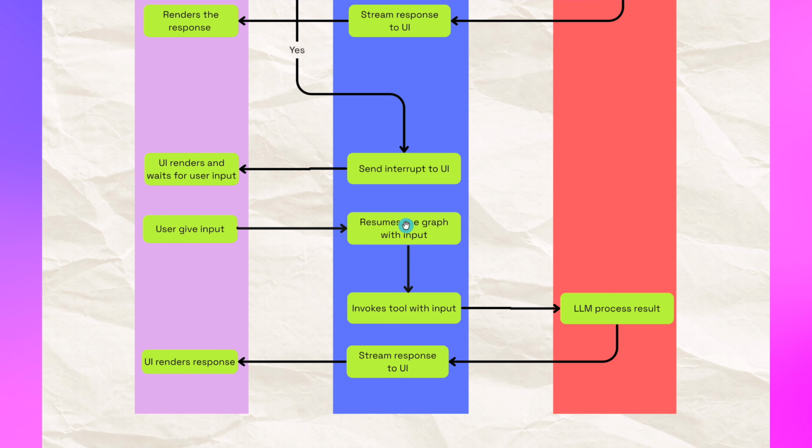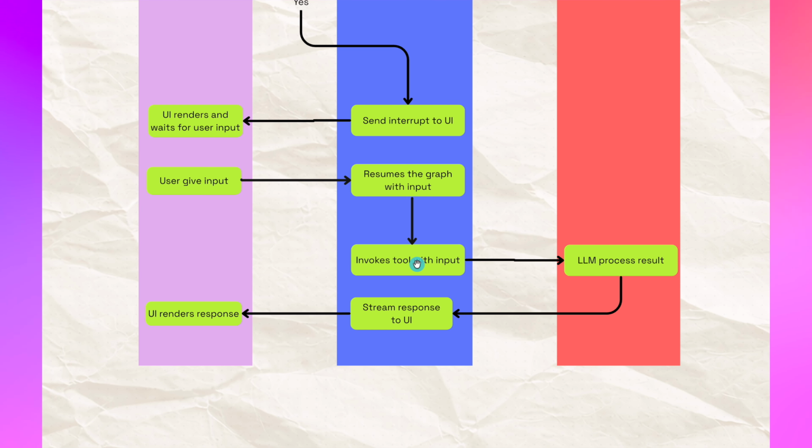Once the user provides input, the input is sent back to the API with the same thread ID. The graph resumes execution, the tool is invoked with the user input, and the final response is generated by the LLM and streamed back. So the thread ID for both executions needs to be the same for this to work.